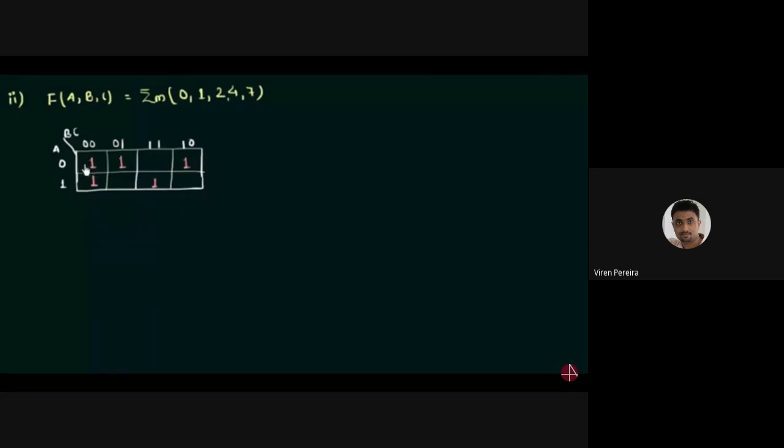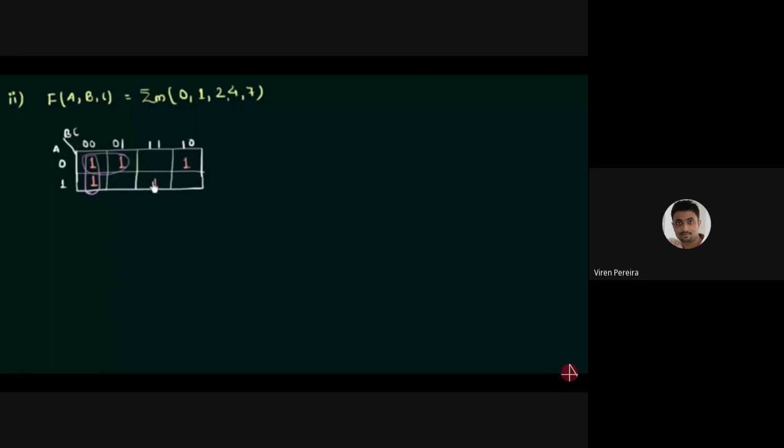This is the first pair. Okay, these 2 ones are now paired. To pair this one, I cannot see any other way other than pairing with this one. If there was 1 here, I would have paired this 2. If there was 1 here, I would have paired this 2, but there is only 1 here, so I have to pair it like this.